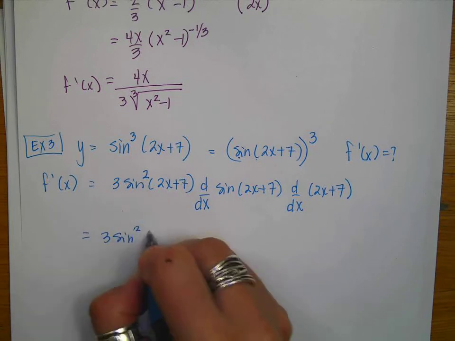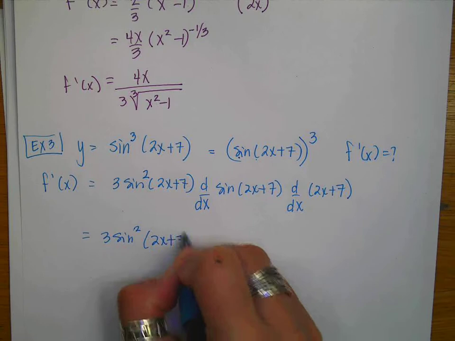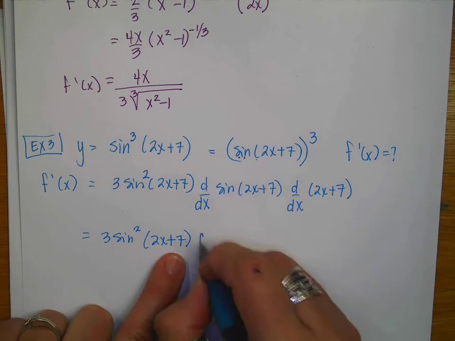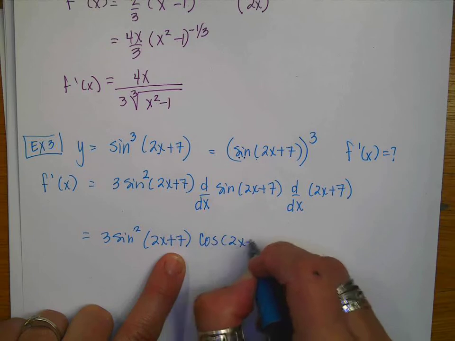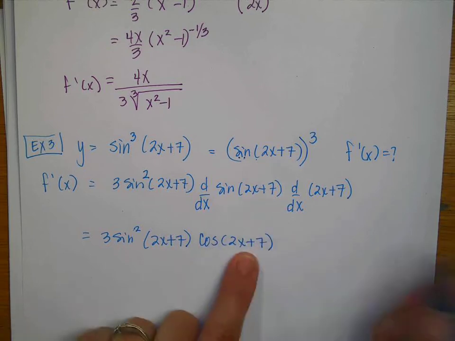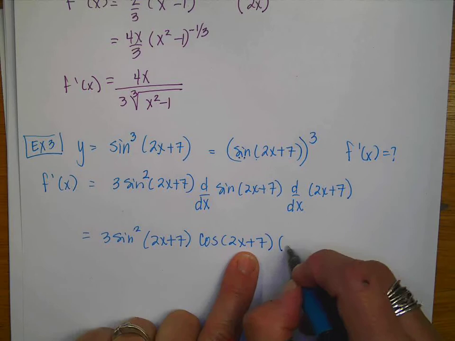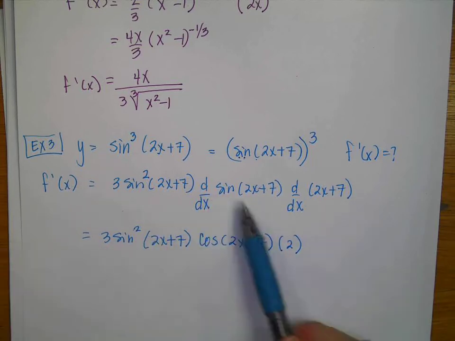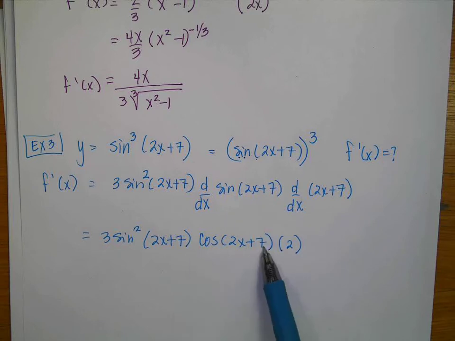So the first thing that I had is the sine squared of 2x plus 7. The derivative of sine would be the cosine of 2x plus 7. And then the derivative of 2x plus 7 is 2. Okay, and so this is this math. The derivative of this statement is this.